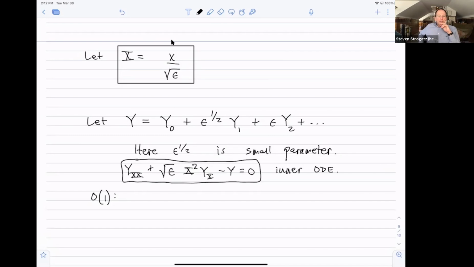Right, so there's no approximations yet. We just did a rescaling. So that's my inner equation. And now at order 1, I just read off this term and this term, when I do my perturbation theory, and ignore this one because this comes in at the next order, at square root of epsilon. So the order 1 problem is y0 sub xx minus y0 is 0.